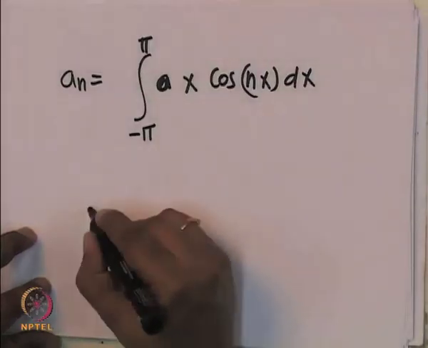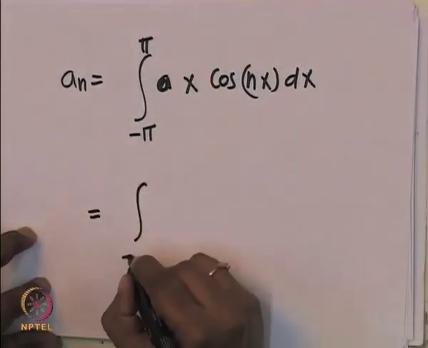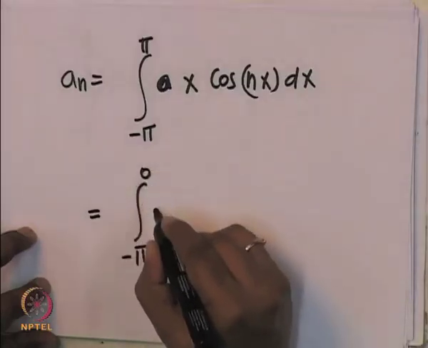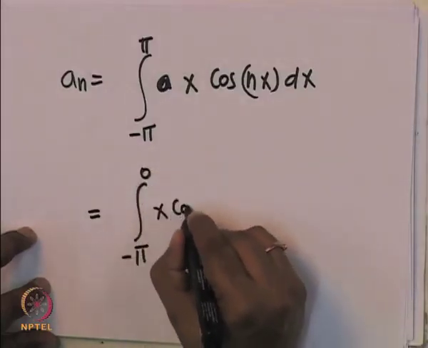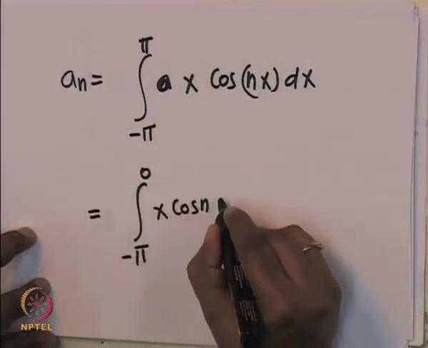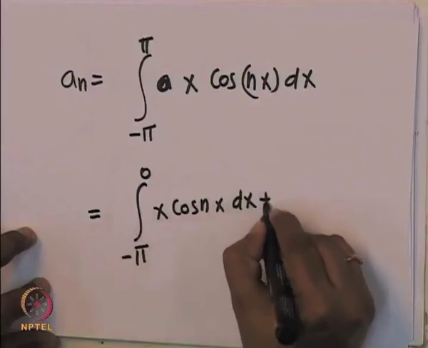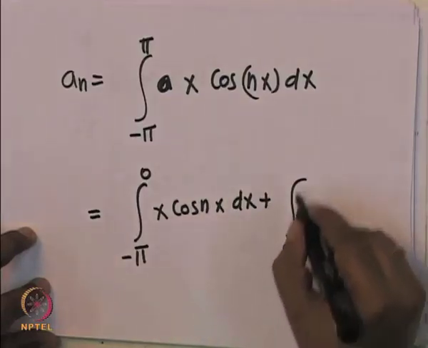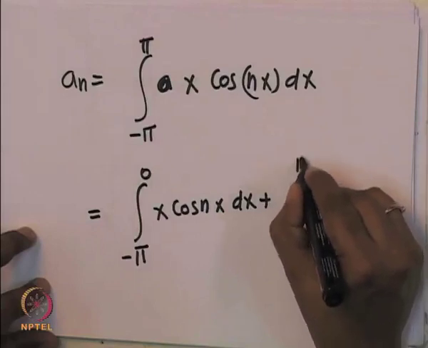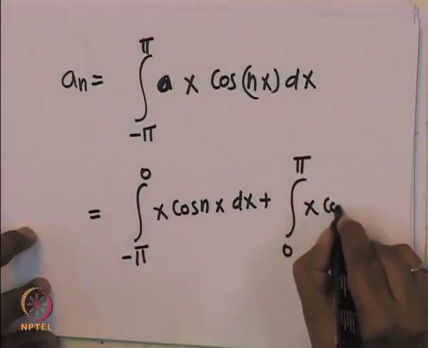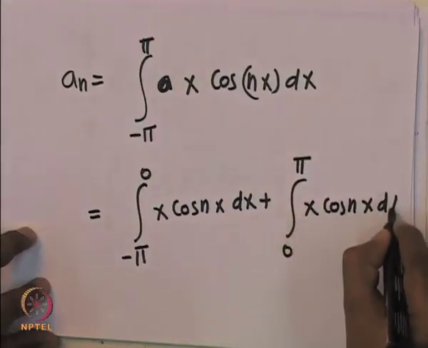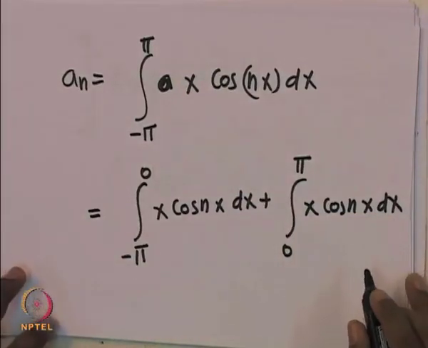So, this can be written as the integral from minus pi to 0 of x cos n x dx plus the integral from 0 to pi of x cos n x dx.